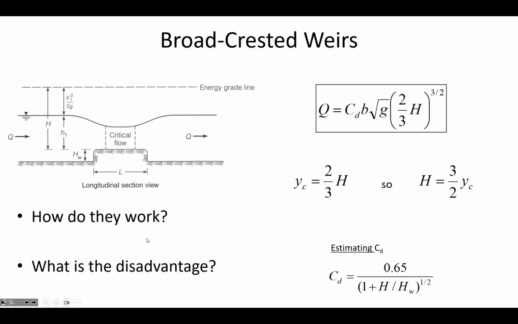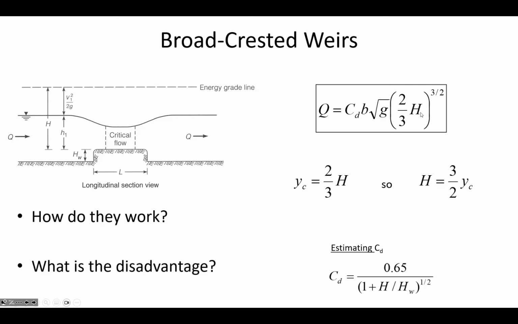And the way that they work from a calculation standpoint is that you induce the critical depth over the obstacle, and remember that the critical depth represents 2/3 of the specific energy when you've got critical flow.